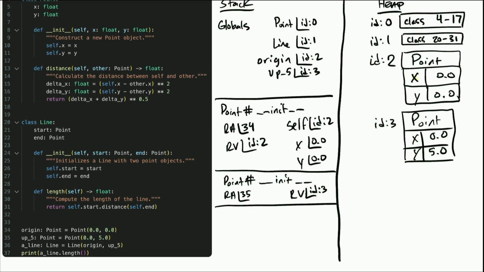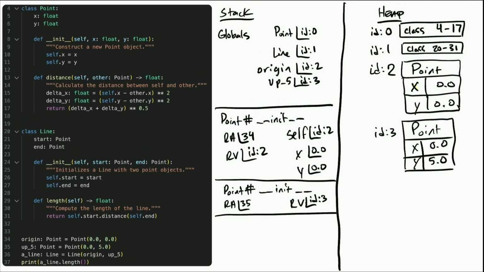So that compresses that down, and I'm going to leave it here as is. I'm pretty soon going to run out of a little bit of space, but I'm going to pause here and let you try doing the same thing with line 36. And here's where you've got to be a little bit careful in thinking through what origin and up5 are and how to assign those to the start and end attributes of the line constructor.